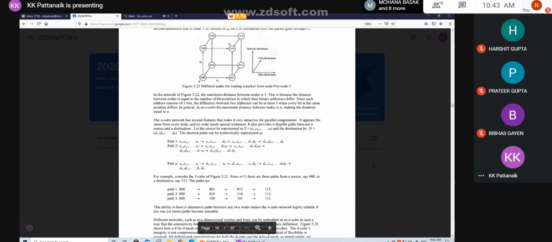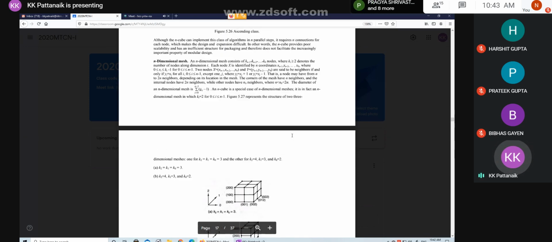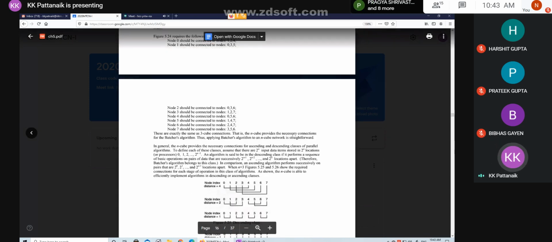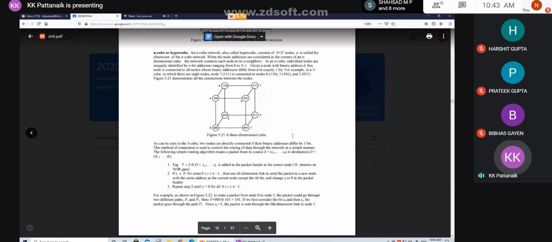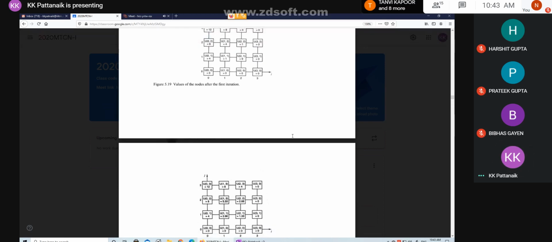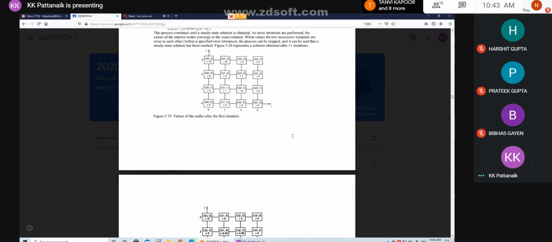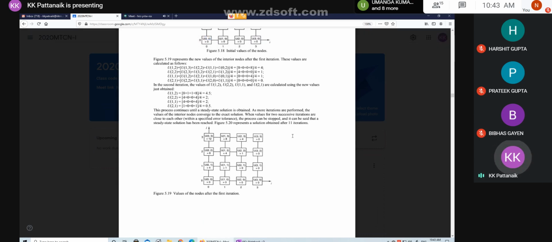Basically, the overall gist of this discussion is that through these interconnections, you will be able to harness the real potential of gigabit networking, right? As we saw, the 2D torus has a lesser diameter than the 2D mesh.